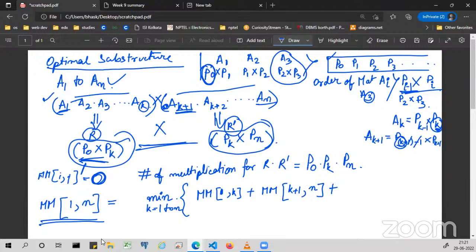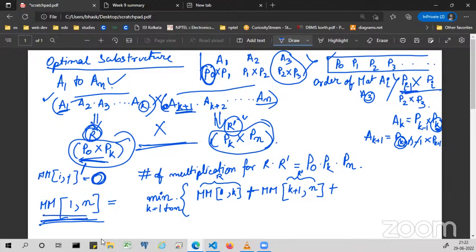plus, so what is this? What is the result of this thing? This is nothing but your R. And what is this? This is actually nothing but your R dash matrix, right? So why I'm doing plus over here, that is clear. Why? I have to calculate the total number of multiplications required to do this, right?